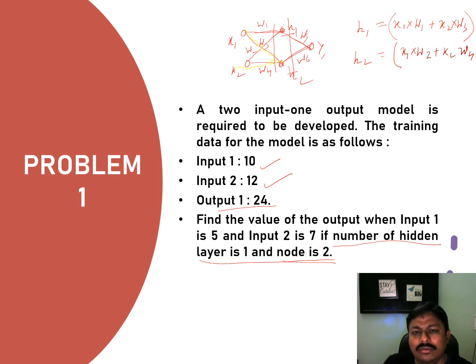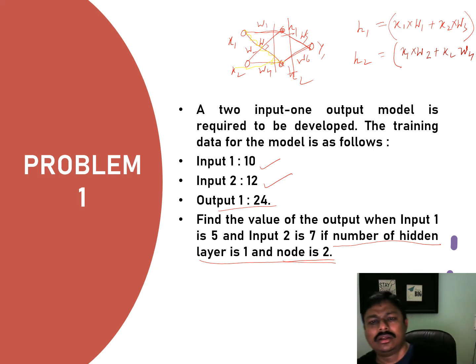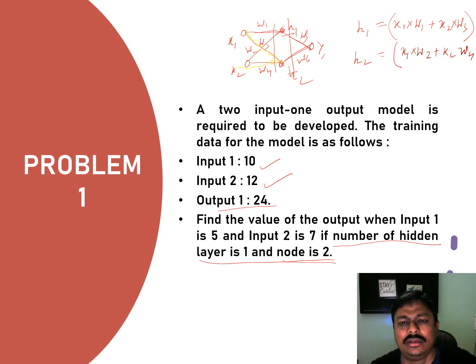Because these two are 1 and 2. Okay, so more or less this is it, right? What I have said is, you see, this is H1, so this will be W1 and W2. And this is for H2, so this will be W3 and W4.